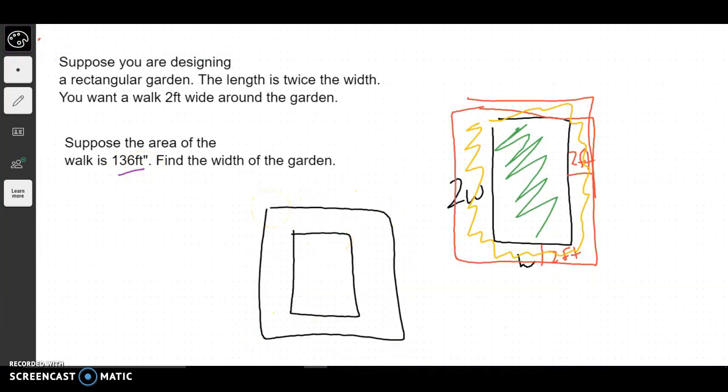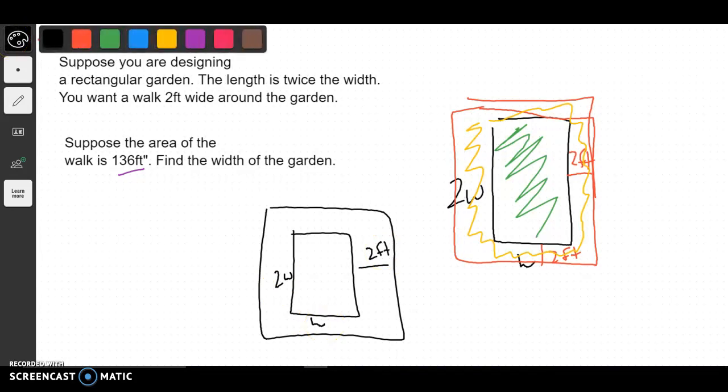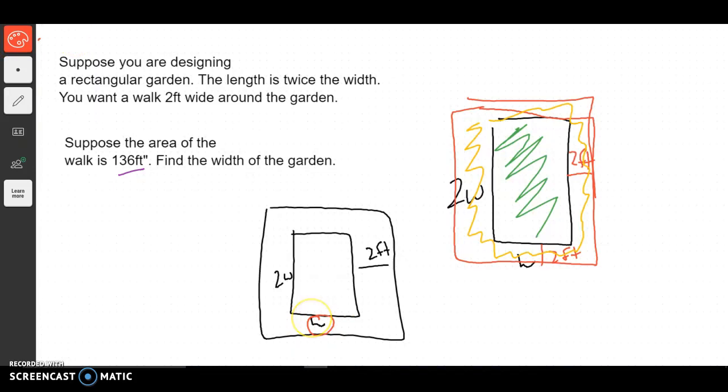But we know from here to here that's 2 feet. We know that this is going to be 2w, and this is going to be w, and we want to find this w. Well, again, it's pretty much like all the problems before. We can figure out the area of this entire thing by figuring out what this would be. Well, this thing has 2 feet here and 2 feet here, so it's at least 4 feet plus this.